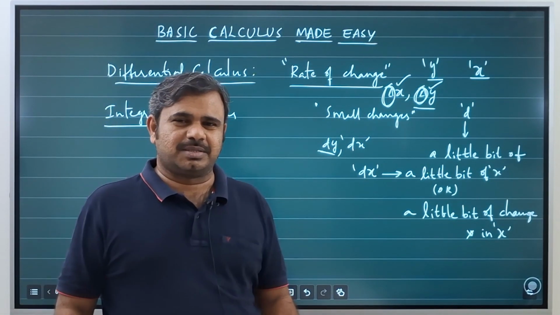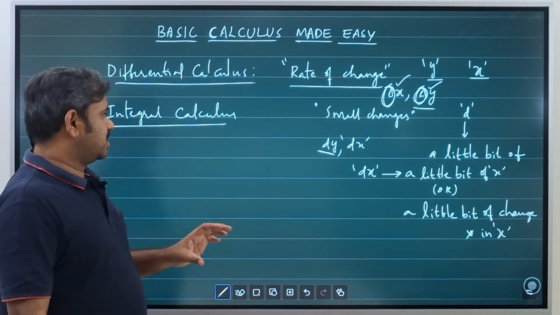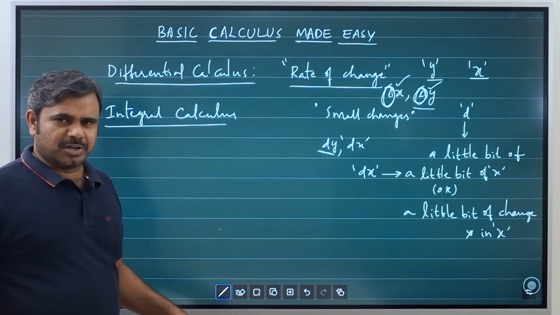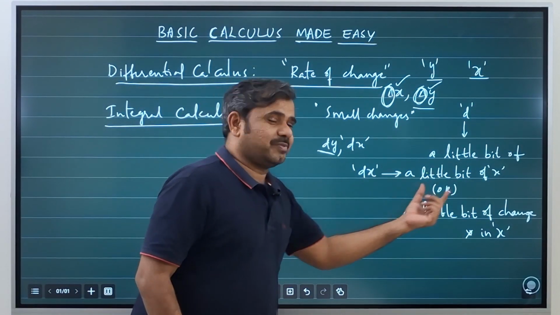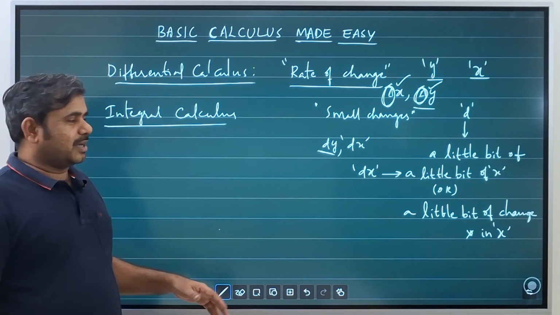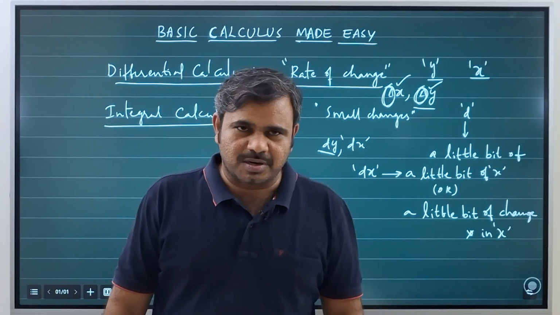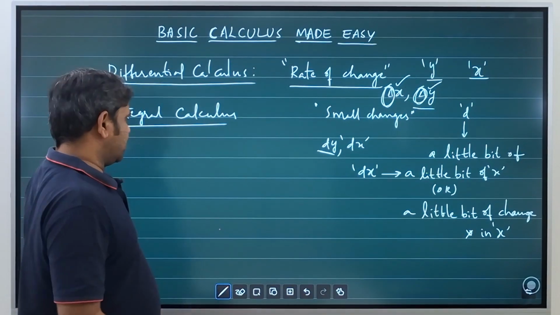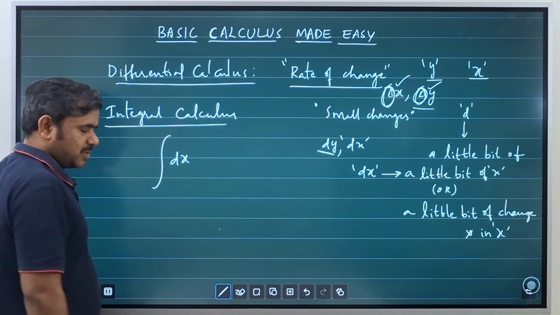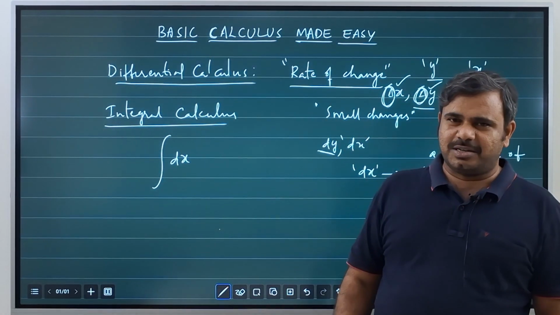Integration means addition, summation. Simply putting, integration means addition. So what are we going to do in integral calculus? We are going to add these little bits of x or little bits of y. That addition, the summation of little bits of a physical quantity, is called integration. So summation of all little bits of x is what we are going to study in integral calculus.